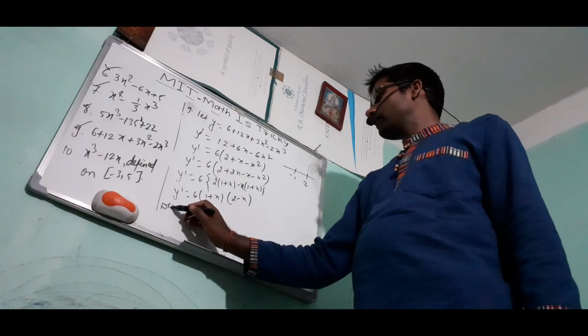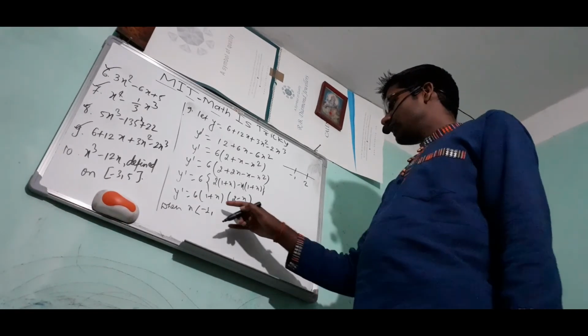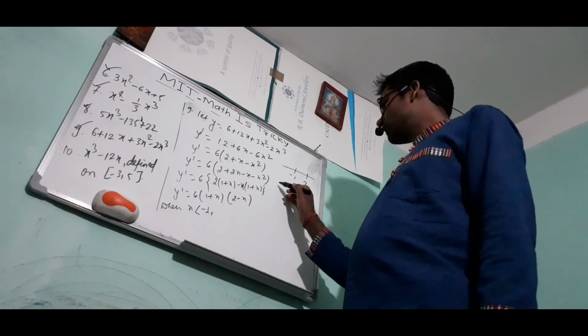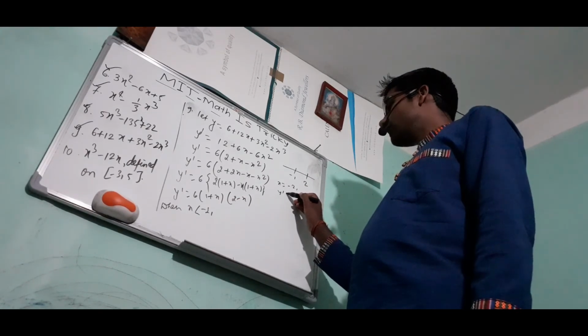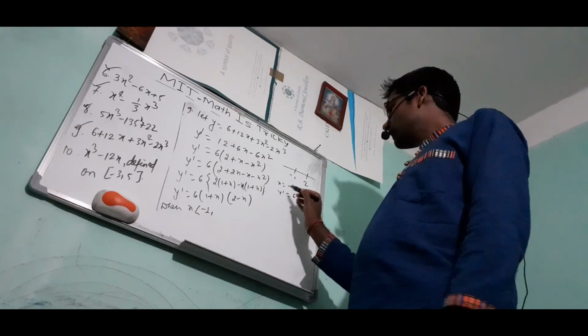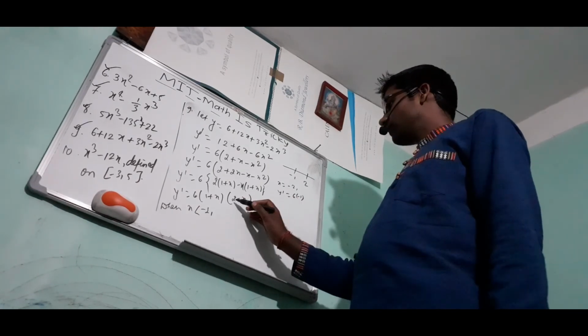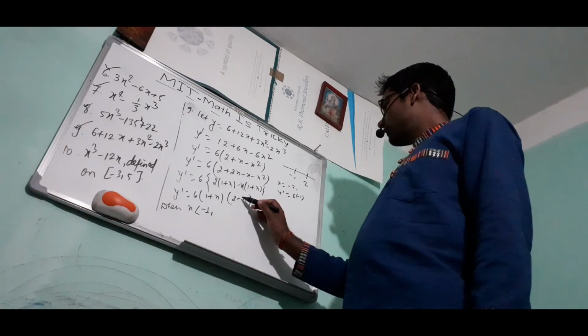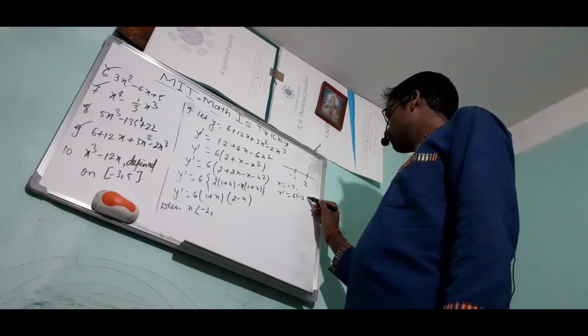when x is less than minus 1, we can take here minus 2. So if we take x equals minus 2, we can see y dash becomes 6 into minus 2 plus 1 minus 1, and then minus 2, and because of this minus to be plus, it is here 2 plus 2, 4.